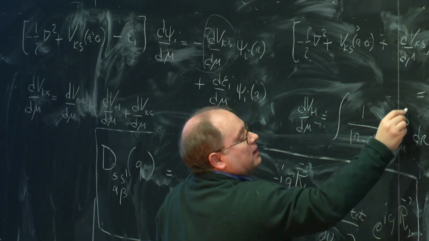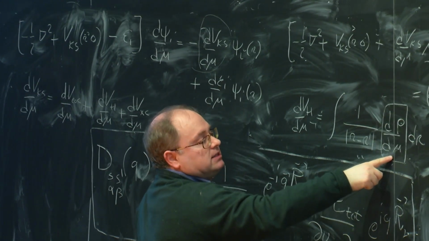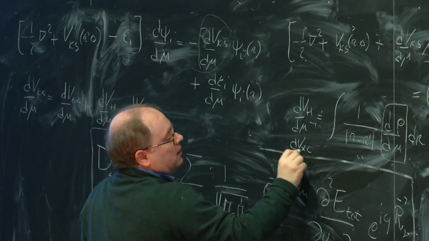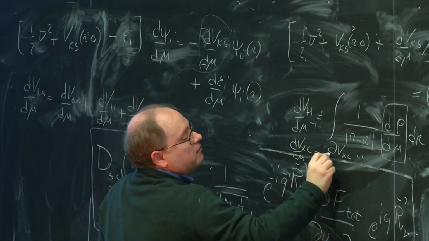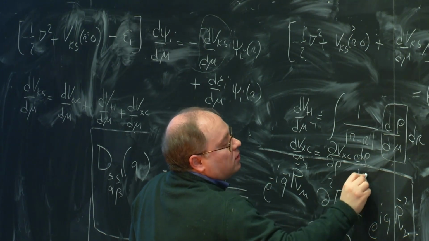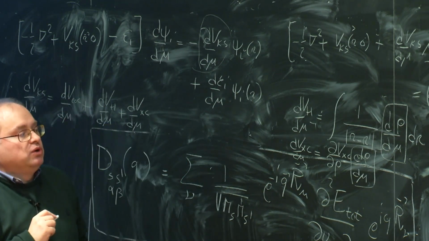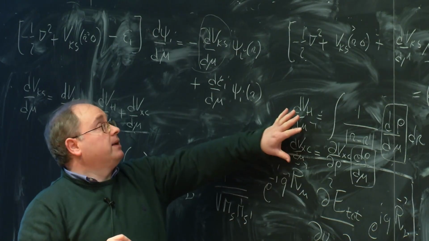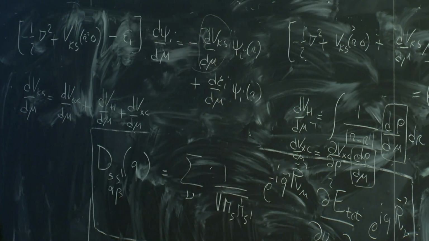Again, the critical variable is the change of the charge density with respect to the parameter, and the same for dVxc over d mu, which is the functional derivative of Vxc with respect to rho, times d rho over d mu. So once we have the change of the charge density with respect to mu, we can calculate the change of the Kohn-Sham potential and set up the right-hand side of this linear system.